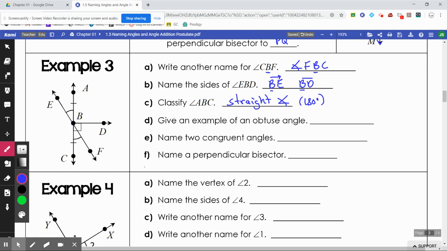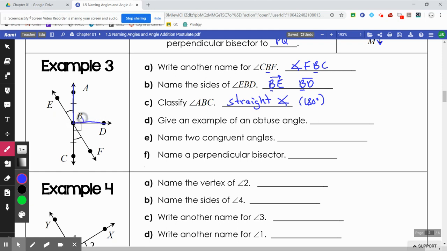D part, give an example of an obtuse angle. An obtuse angle is any angle bigger than 90. Here's a 90-degree angle. So it's got to be bigger than that, but it can't be quite 180. Since that's a 90, I see another 90 right here. This might help.